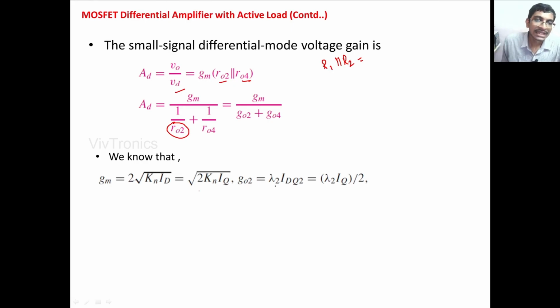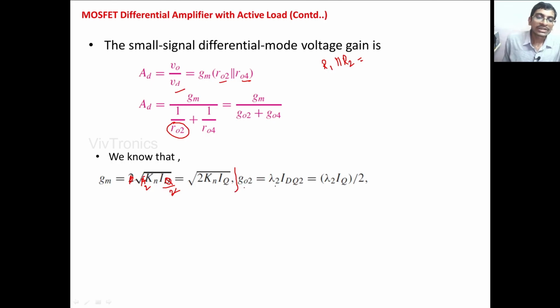And we know that the transconductance gm is equal to 2 into square root of Kn into Id, and in this equation, if you take this 2 inside the root, it becomes 4. And we know Id, the drain current, will be equal to Iq by 2. Therefore, 2 and 4 divide and it becomes 2. Therefore, it can be written as square root of 2 Kn Iq, which is the transconductance of our MOSFET.